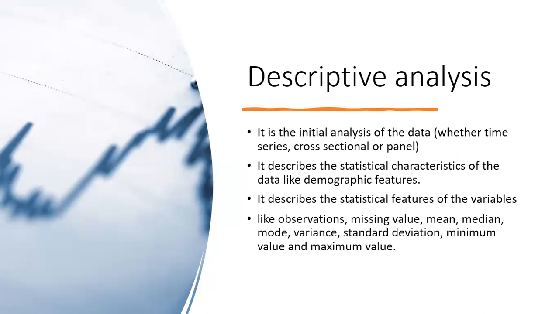Like the number of observations, missing values, mean, median, mode, variance, standard deviation, minimum value, maximum value, and some features of the normal distribution like the skewness, kurtosis, and percentile. These are the basic descriptive statistical features which we want to see at the initial level.